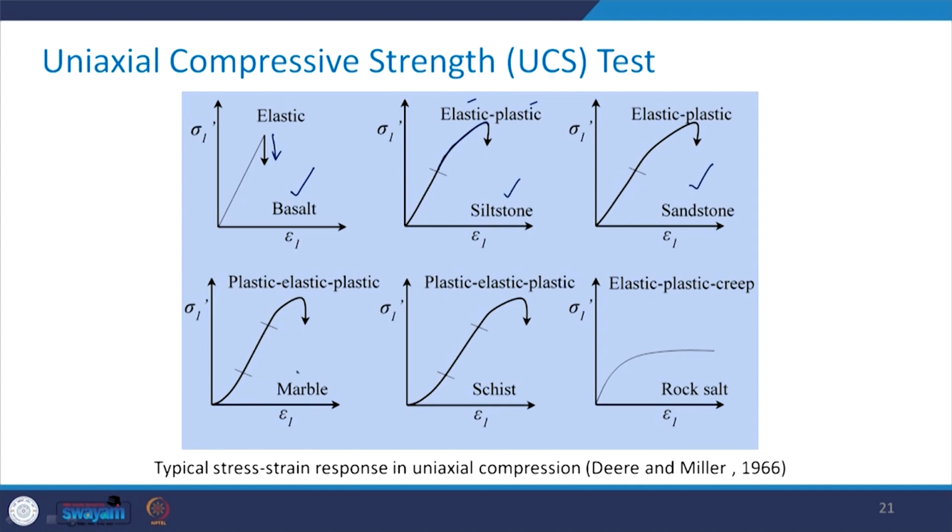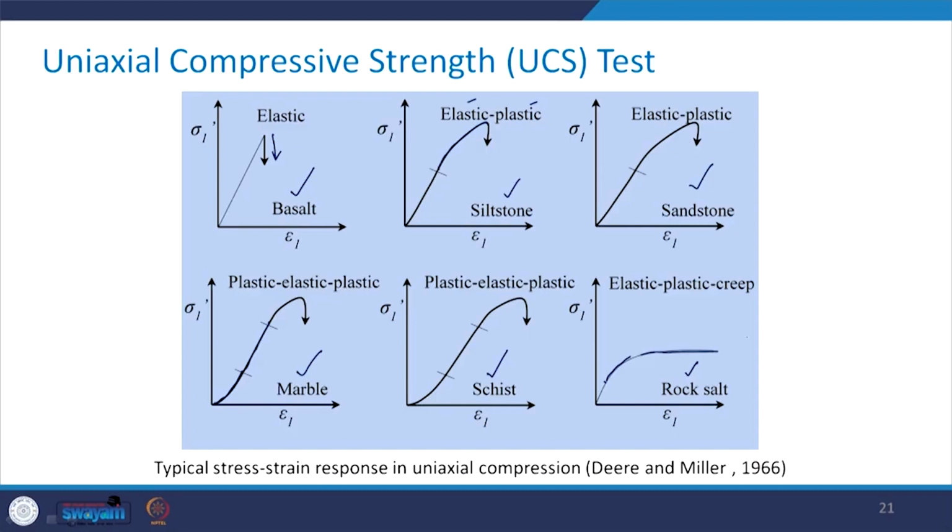In case of marble, you see it is very interesting. In the beginning it is plastic, then it goes linear as elastic, and then the later part is plastic. Same thing you observe in case of schist. In case of rock salt, you see it is elastic, then it becomes plastic, and then it goes as creep.